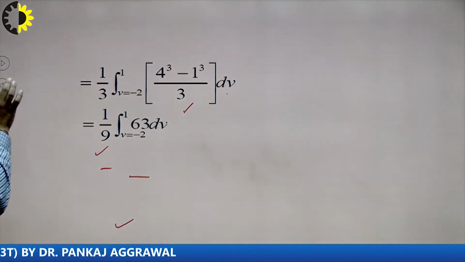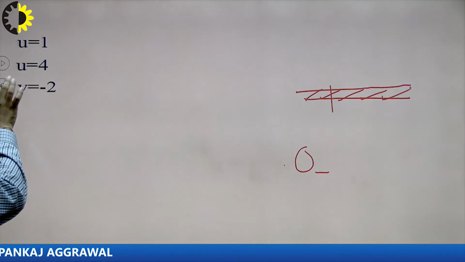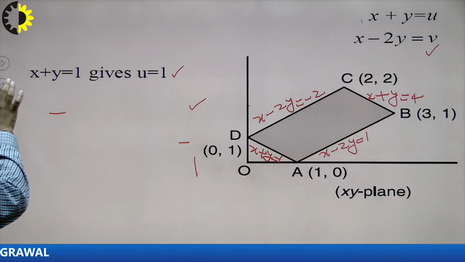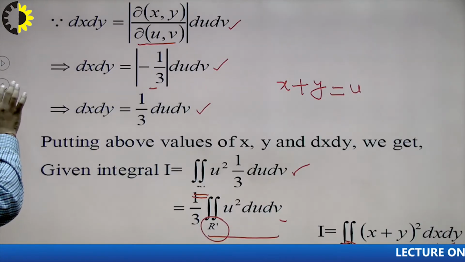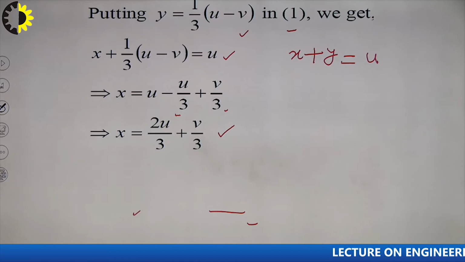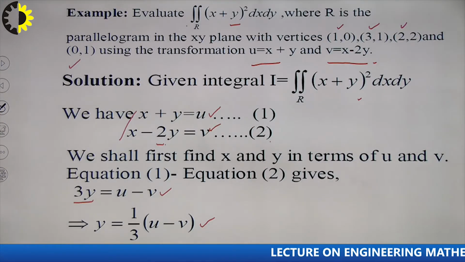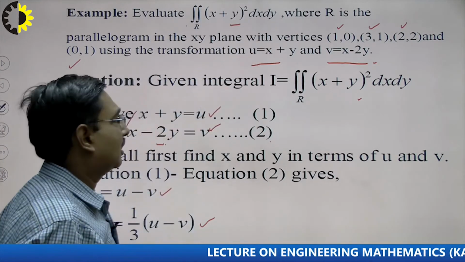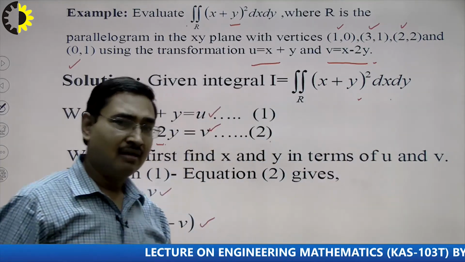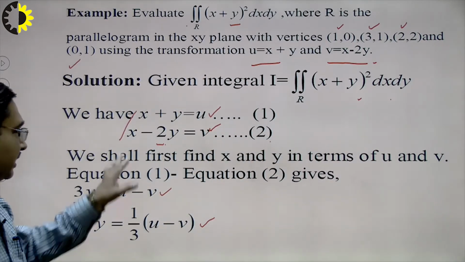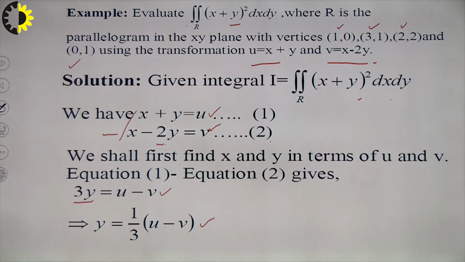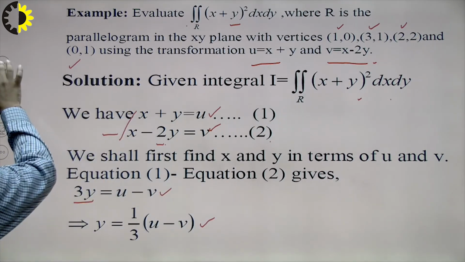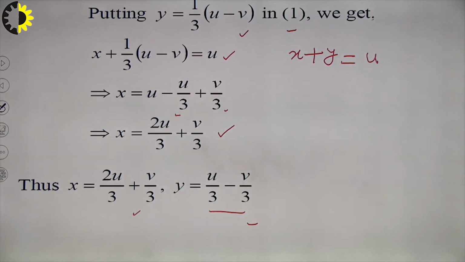Let me sum up once again what happened. This double integral over R of x plus y whole square dx dy was to be evaluated. These substitutions, x plus y equal to u and x minus 2y equal to v, were given. First of all, I calculated the values of x and y in terms of u and v.